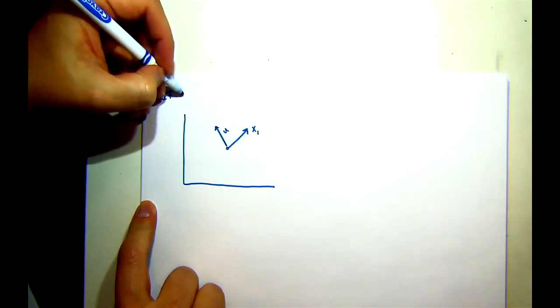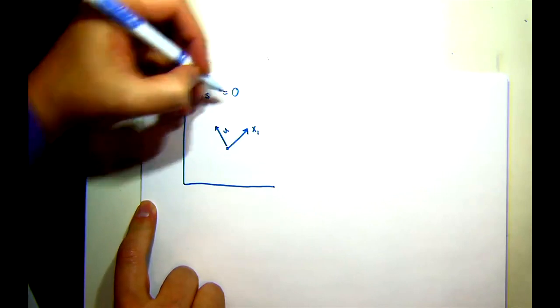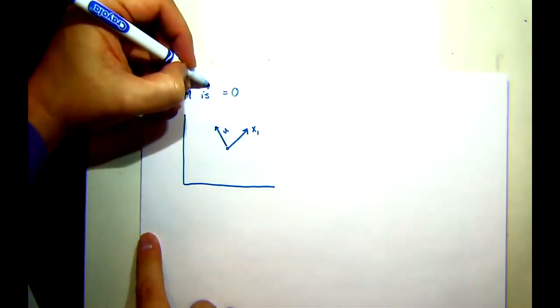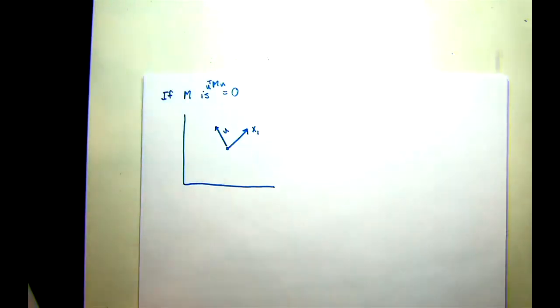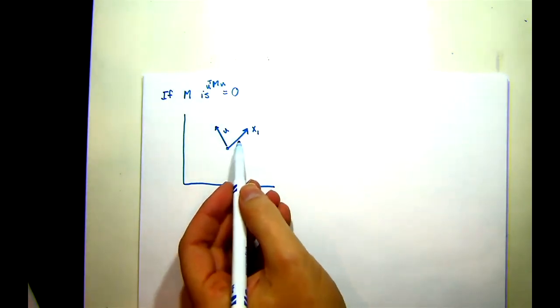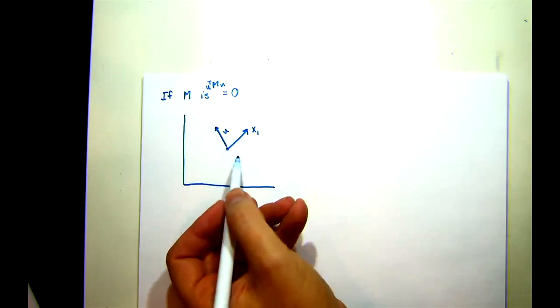If u transpose times the matrix times u is equal to 0, we can talk about geometrically what that means. If it's equal to 0, then these dot products have to be equal to 0, and that means they're going to be perpendicular. So for the whole set, for any given data point, you're going to have a u that's perpendicular.